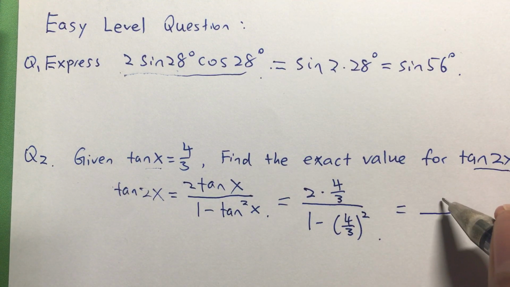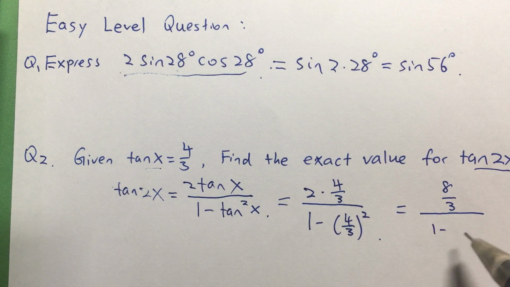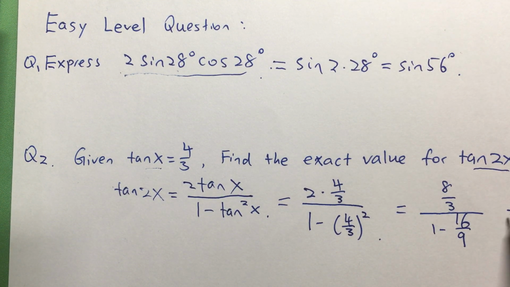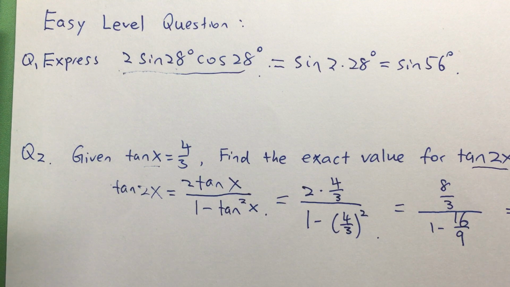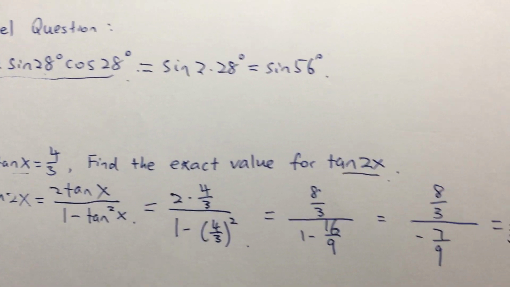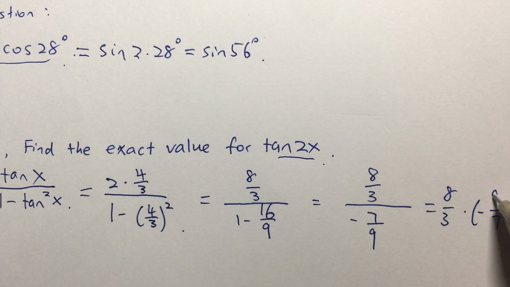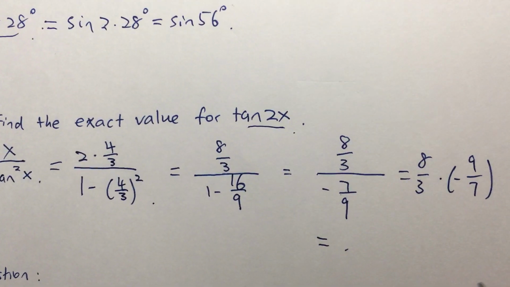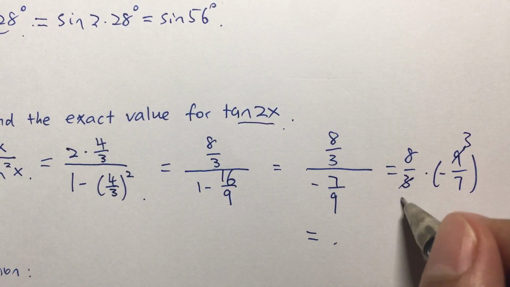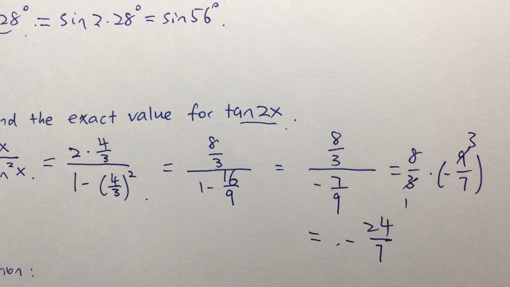That is equal to 8 over 3 over 1 minus 16 over 9, which is negative 7 over 9, and that is equal to 8 over 3 times negative 9 over 7, which is negative 24 over 7.